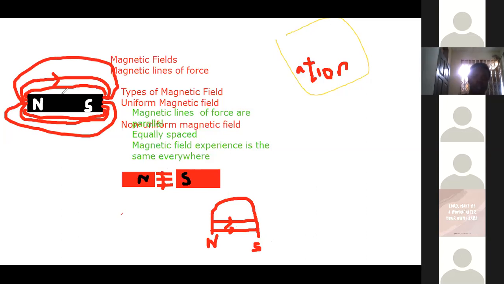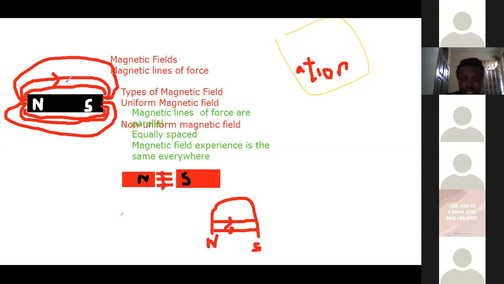The field outside a magnet, even a solenoid, the one outside and not the one inside, is all non-uniform. They all experience a non-uniform magnetic field.